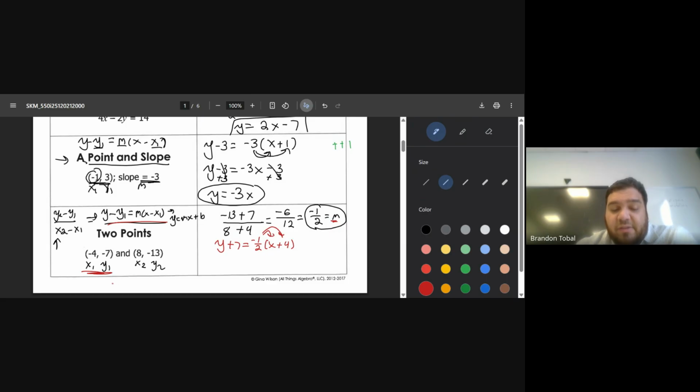Reminder, if you're doing it in the calculator, you should type negative 1 divided by 2 times 4 when you do the numbers. So y plus 7 equals negative a half x minus 2. After that, I'm going to have to subtract 7 on both sides. So my final answer is going to be y equals negative 1 half x plus 9. I'm sorry, minus 9.